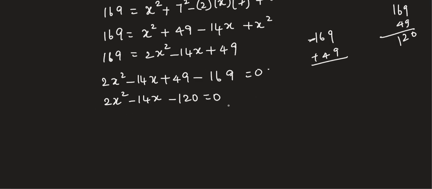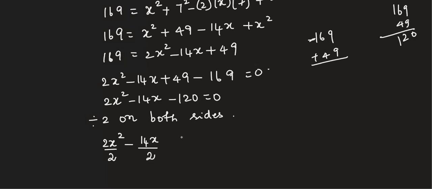Now we will simplify this equation. Both 2, 14 and 120 are divisible by 2, so dividing by 2 on both sides makes our calculation slightly simpler. So 2x square by 2 minus 14x by 2 minus 120 by 2 is equal to 0 by 2.